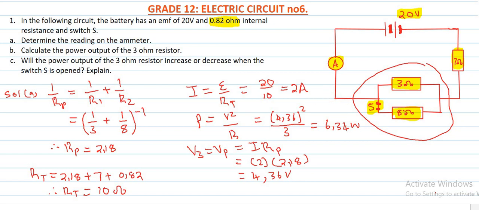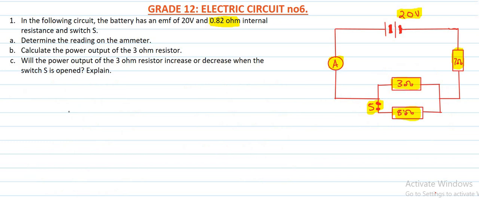Let's look at the last question. Question number C. They said, will the power output of the 3 ohm resistor increase or decrease when the switch S is open? Explain.